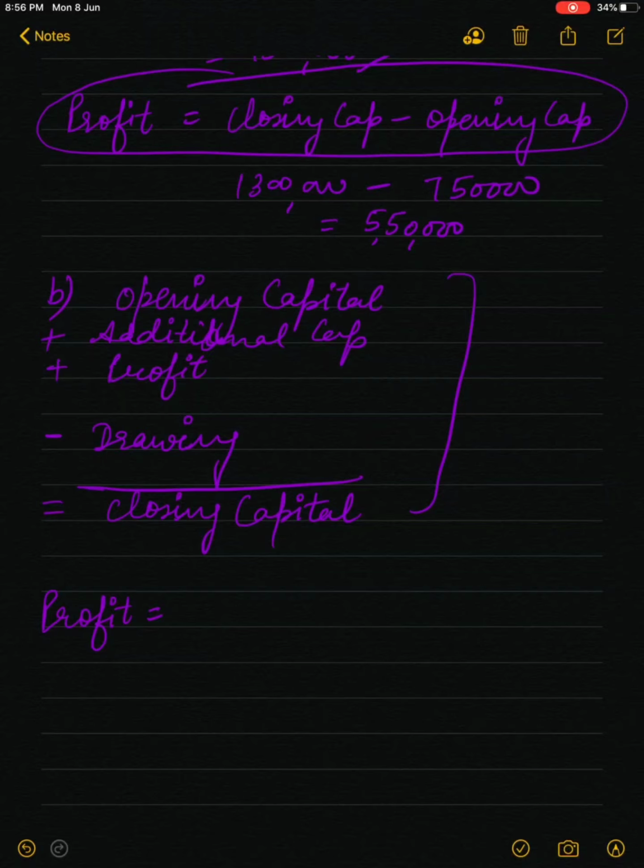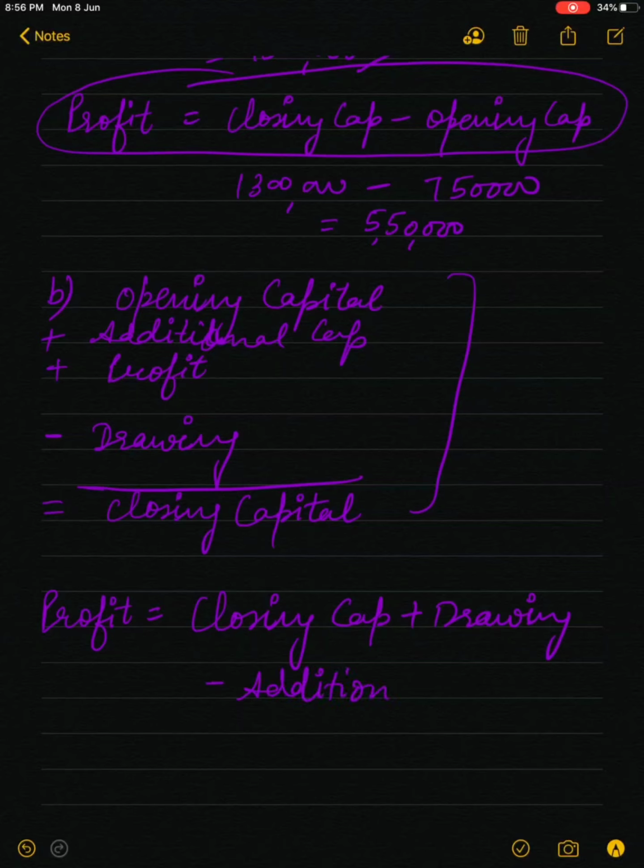This is the original formula. In your book the formula is given: profit is equal to closing capital plus drawing minus additional capital minus opening capital.